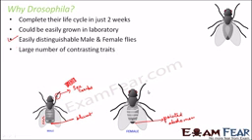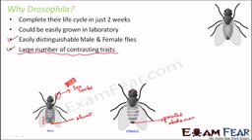A large number of contrasting traits is always desirable when you are experimenting on genetics, because you want to cross different contrasting traits and see what kind of output comes out. In Drosophila, there are sets of flies which have different eye color. Some of them have red eyes, some have white eyes.